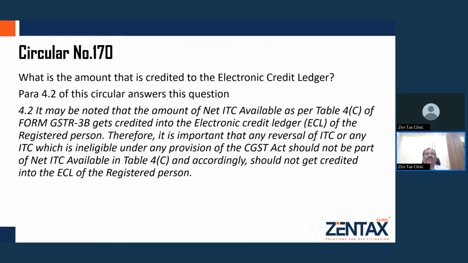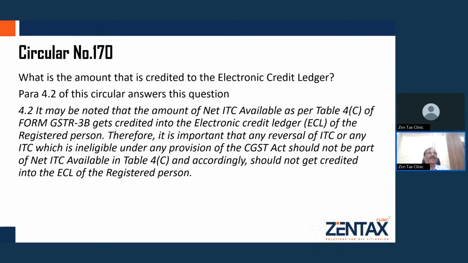So this is the amount I told you, the amount coming in 4C, which is credited to the electronic credit ledger of the registered person. Therefore, it is important that any reversal of ITC, or any ITC which is ineligible under any provision, should not be part of net available ITC. So ineligible ITC should not go into the electronic credit ledger. This is very, very important.